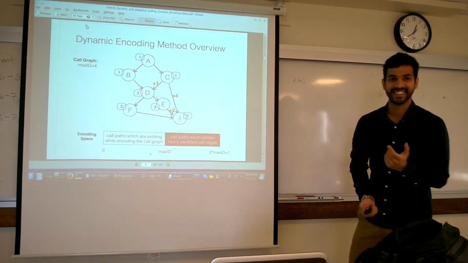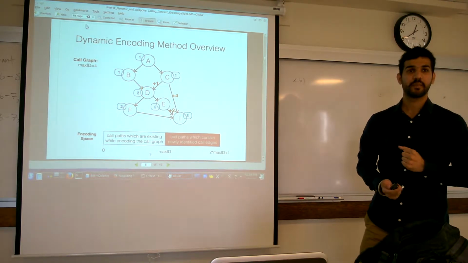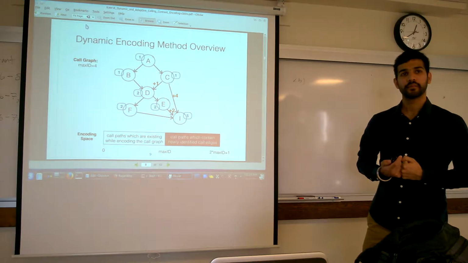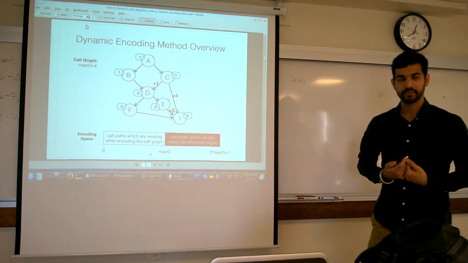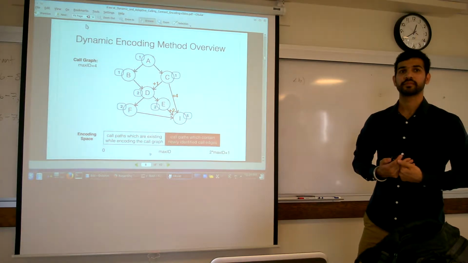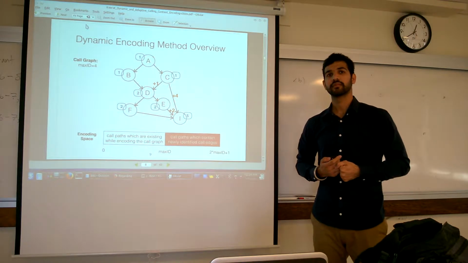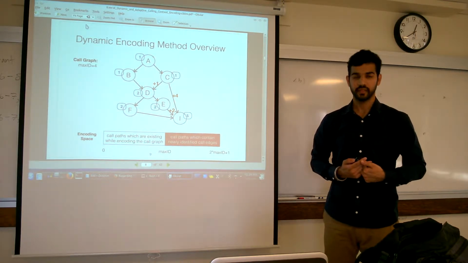Oh, yeah. So from any one of these functions in the call graph, any node in the call graph, it's going to have a set of essentially IDs for all of the calling contexts that represent calls to that function. Yes. And the max ID is just the maximum ID over all possible call paths in the call graph. Yes.